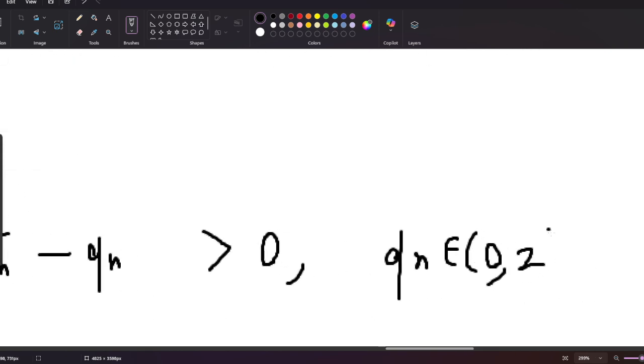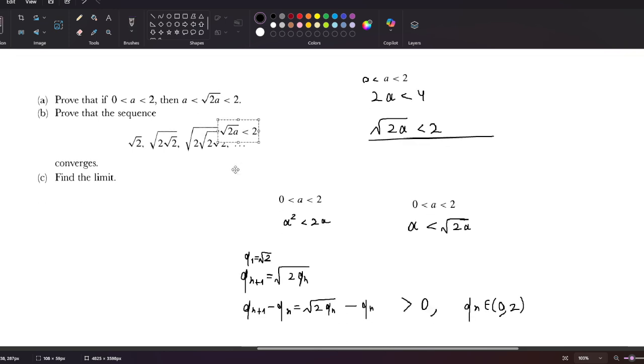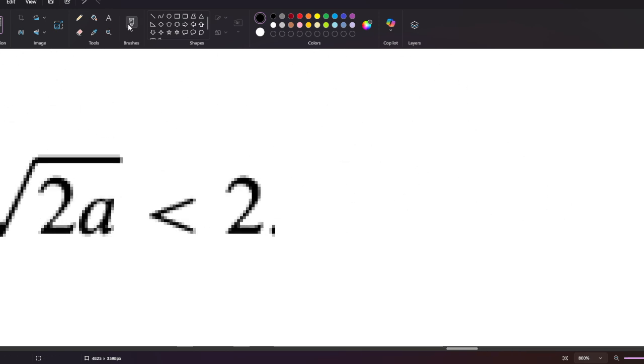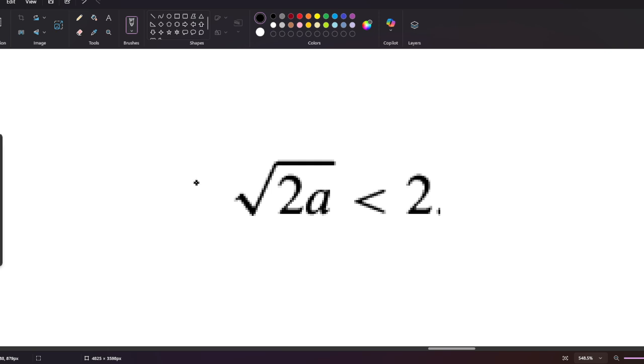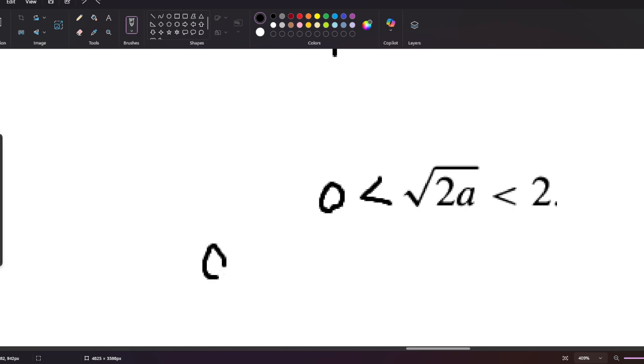And another thing that we have proven is that square root of 2A is less than 2, and by the way, a square root of any number is also going to be greater than 0. So inductively, we can say that Q1 lies here.